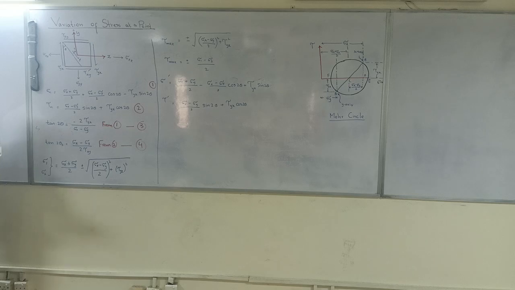But in order to plug it in this value, this is 2 theta. So this is 2 times theta, so this equation has got two periods, one is 0 and one is 180. It's not 90.